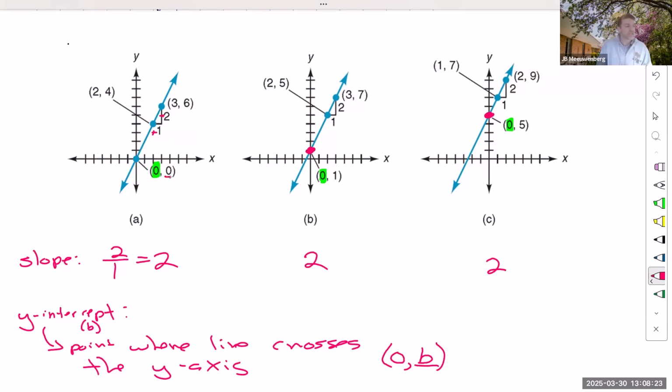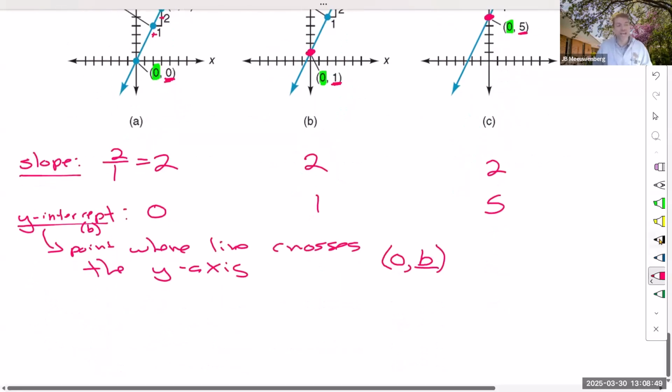For this first equation, it's 0. For the second equation, it's 1. And for the third line, it is 5. So in all three of these equations, we've identified the slope and the b portion of the y-intercept.